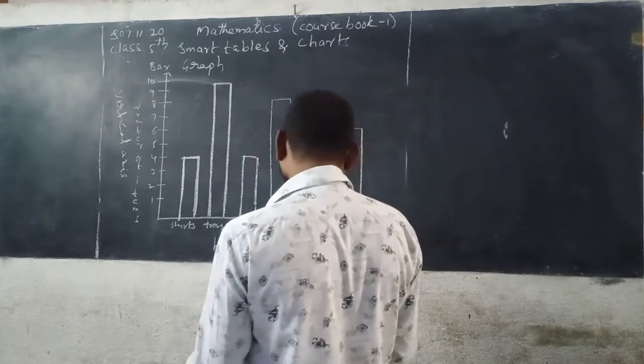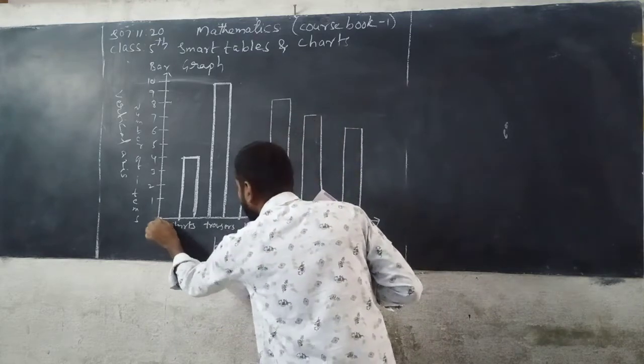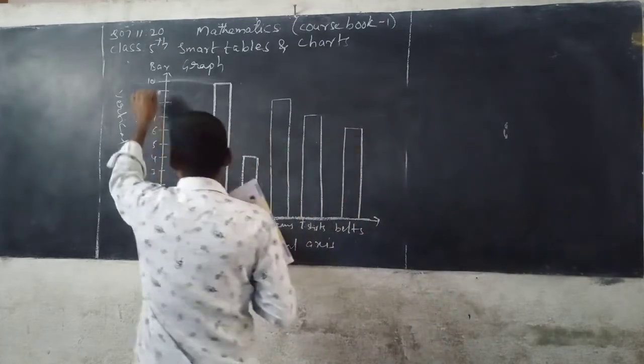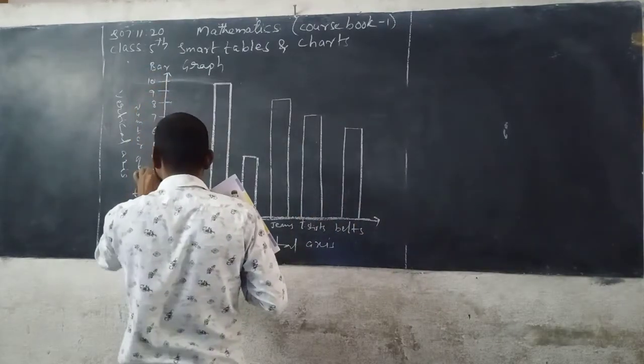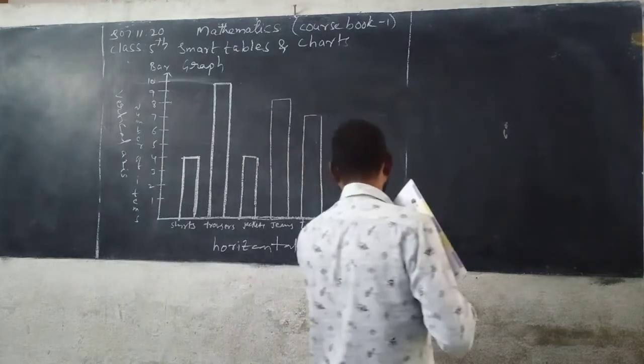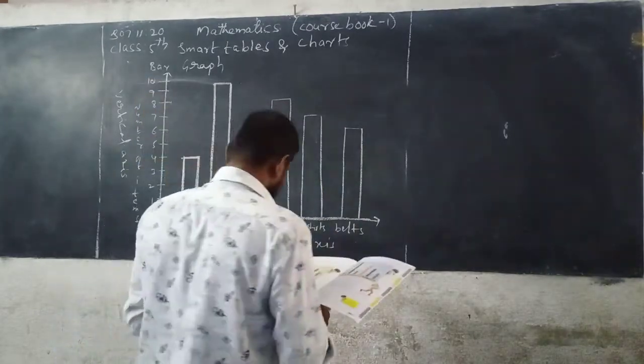The above example has vertical bars. A bar graph has 2 axes. So this is called the horizontal axis and this is called the vertical axis. It has 2 axes, the x axis and the y axis. See here.